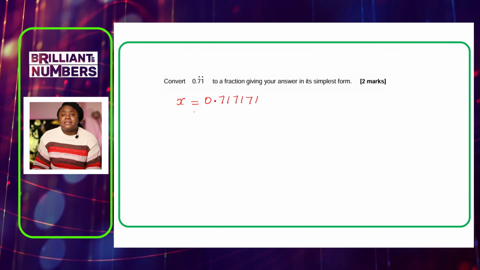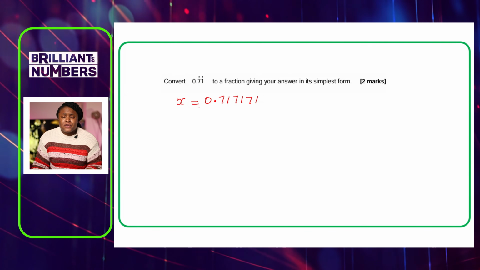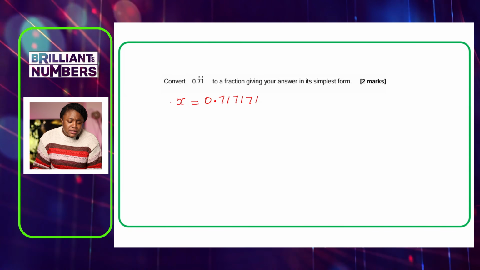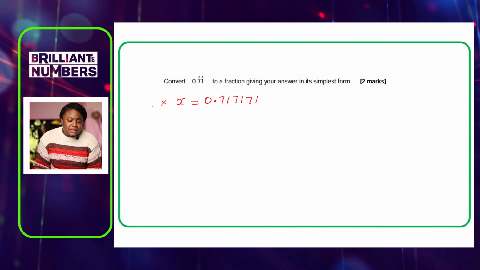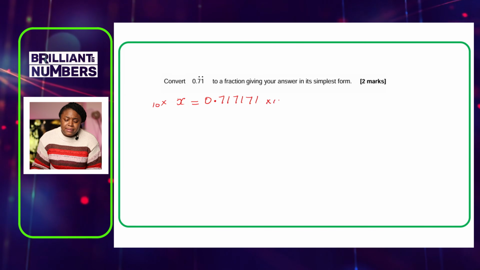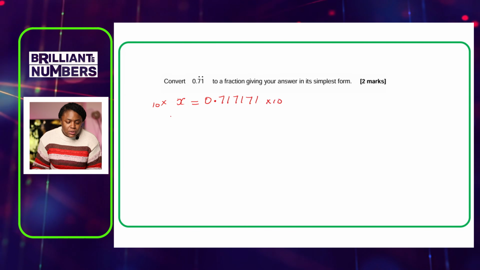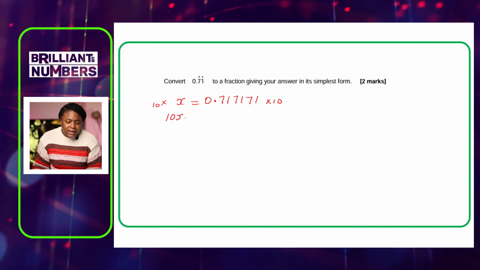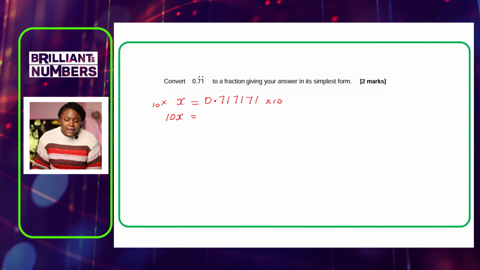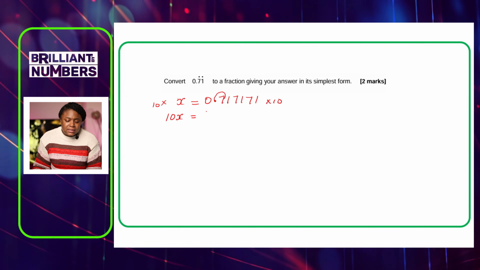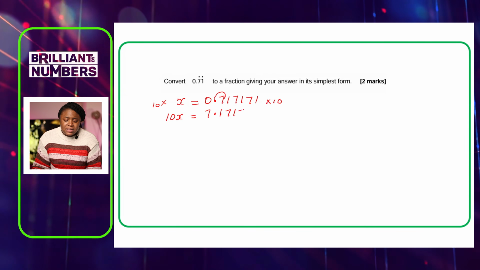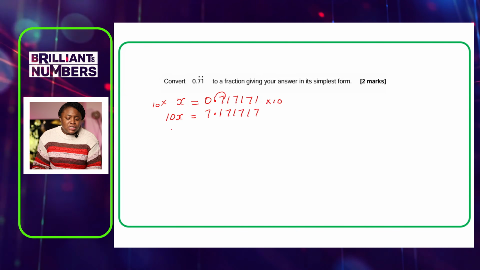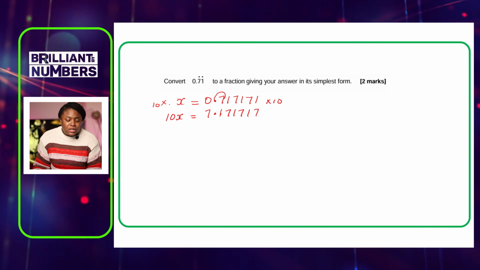Now I need to make some scale factors. So what I'm going to do, I'm going to multiply this by 10 first of all. So if I times this by 10, I will also need to times this one by 10. So this will now give me 10x equal to, multiplying by 10, 7.17171. I'm going to now make a multiplication by 100.